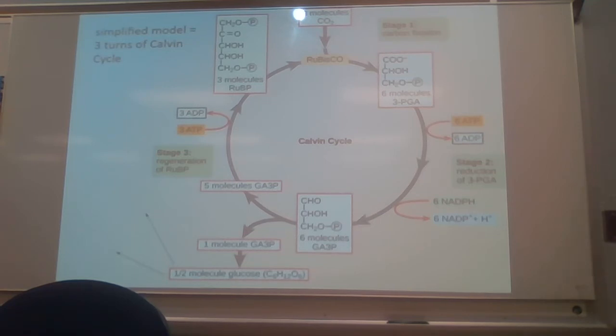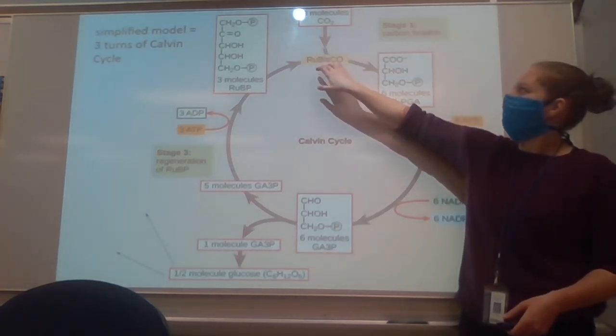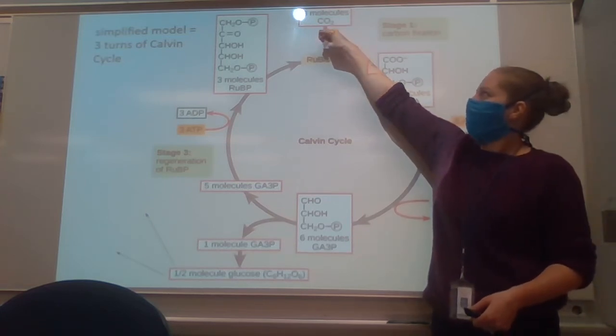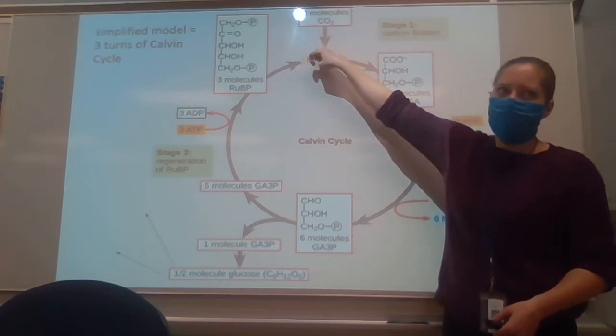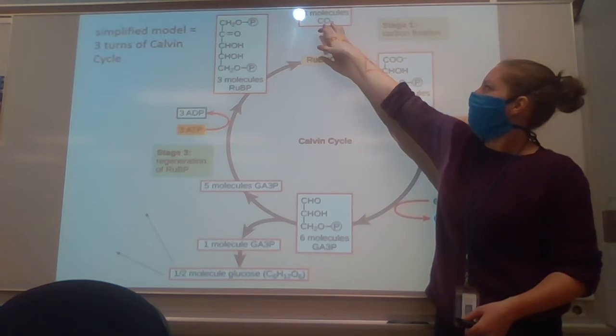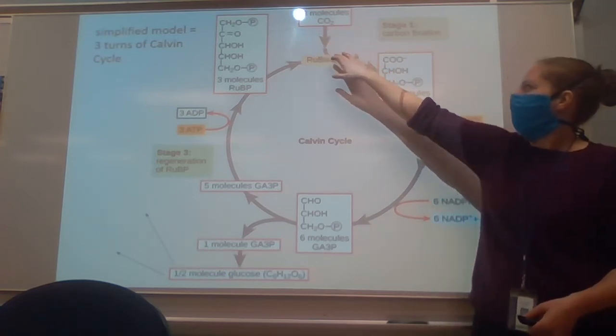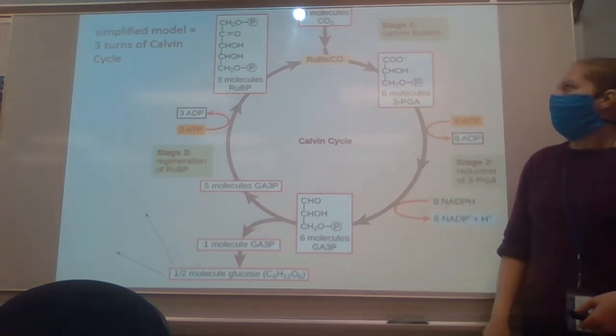You'll notice at the very top of our cycle here is our Rubisco enzyme. And that Rubisco enzyme is going to fix carbon dioxide. So this is where carbon dioxide is entering the Calvin cycle. That's really the first stage, carbon fixation. We're taking carbon dioxide and adding it to an already existing molecule.